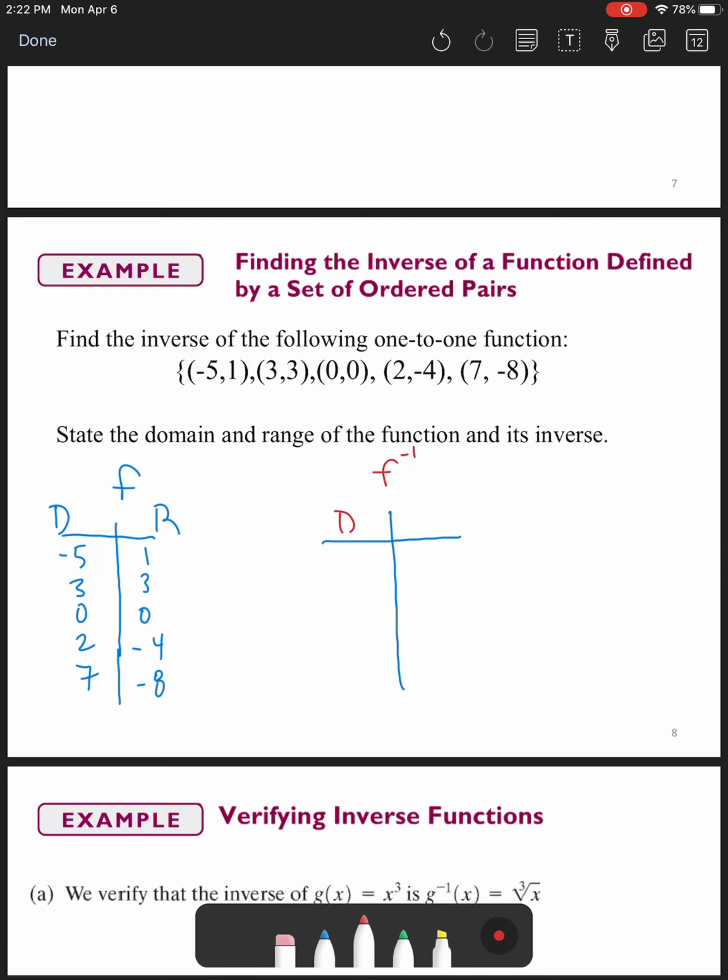So the domain of the inverse, we're going to take the range of the original: 1, 3, 0, -4, -8. The range of the inverse is the domain of the original. Now you sound real mathy, you know what you're talking about. You're starting to speak math. Welcome to the club.